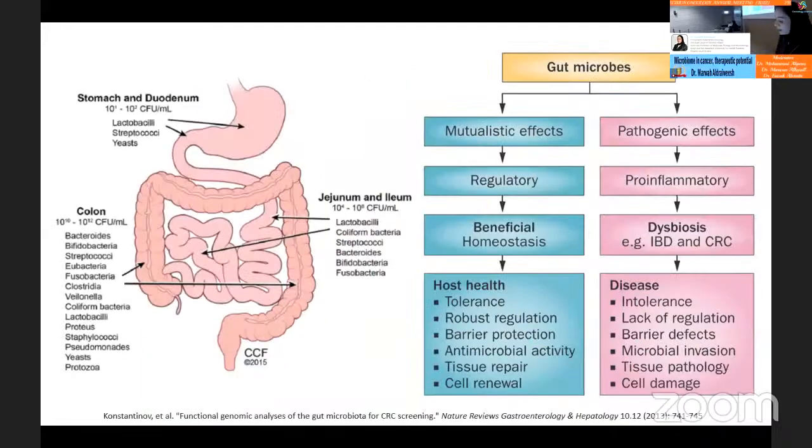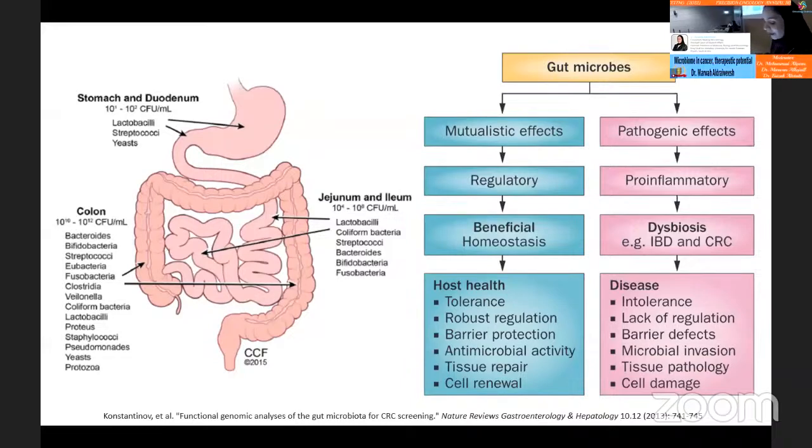So looking at this slide, you can see the distribution and the diversity of gut microbiota along the gastrointestinal tract. Starting from the stomach and ending at the large intestine, we can notice that the quantity of the gut microbiota, as well as the diversity of microbiota members, are increasing.